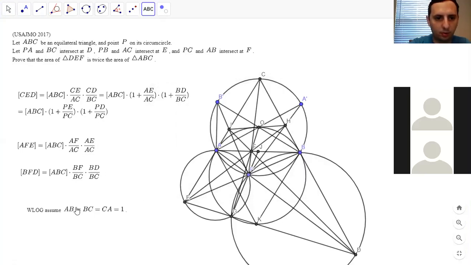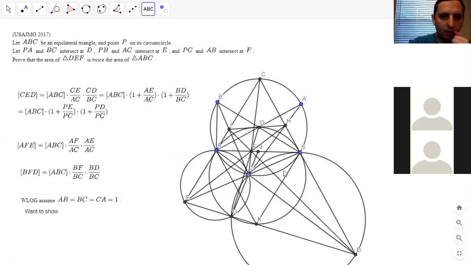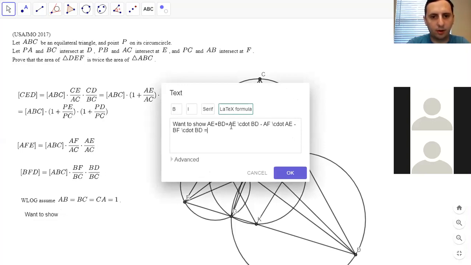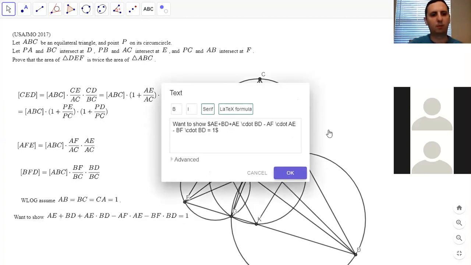Then we want to show AE plus BD plus AE times BD minus AF times AE minus BF times BD is equal to 1. So we've turned it into an algebra problem.